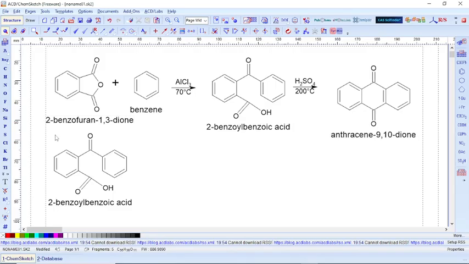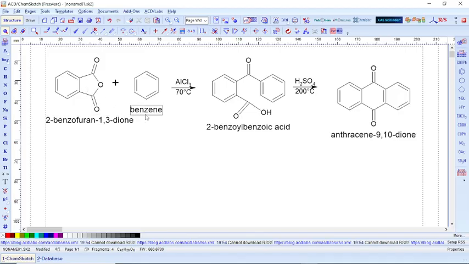So now look at what I did here. I was able to compress these two stages into one. I compressed them into one by saying phthalic anhydride reacts with benzene to produce benzoic acid.